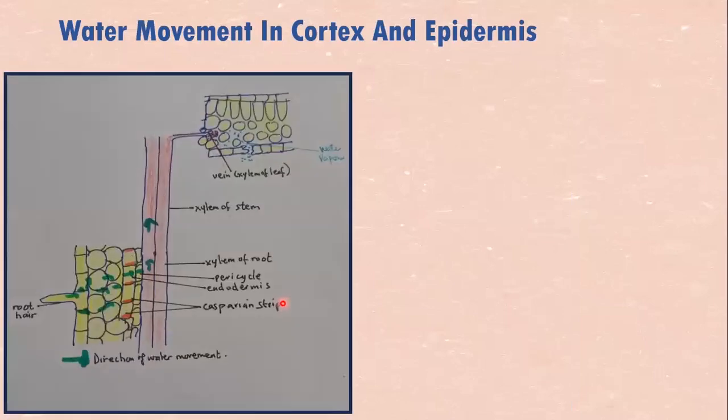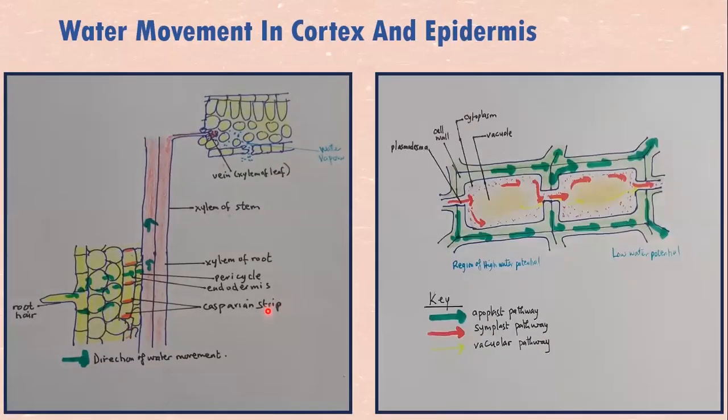So how the water moves in the cortex is by these. Apoplast through the cell walls, from cell wall to cell wall to cell wall, through the root hairs, epidermal cells, cortical cells. Apoplast, symplast, and vacuolar. That we have here, apoplast, symplast, vacuolar pathways.